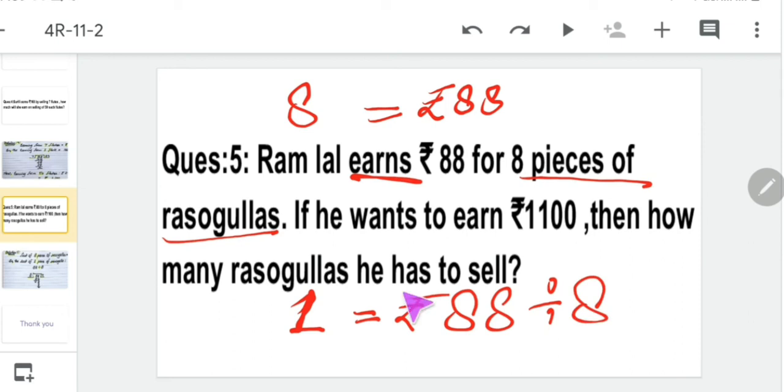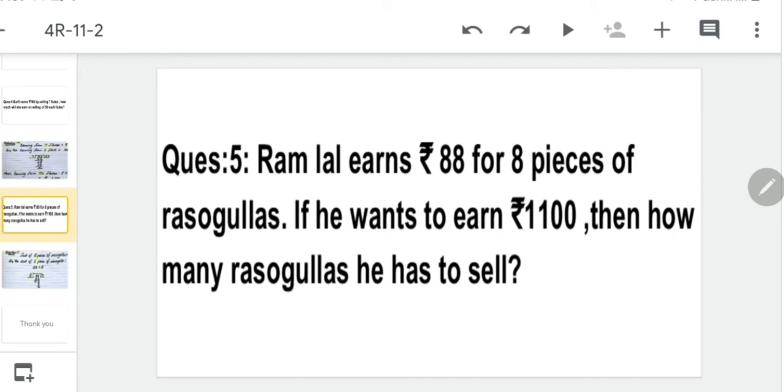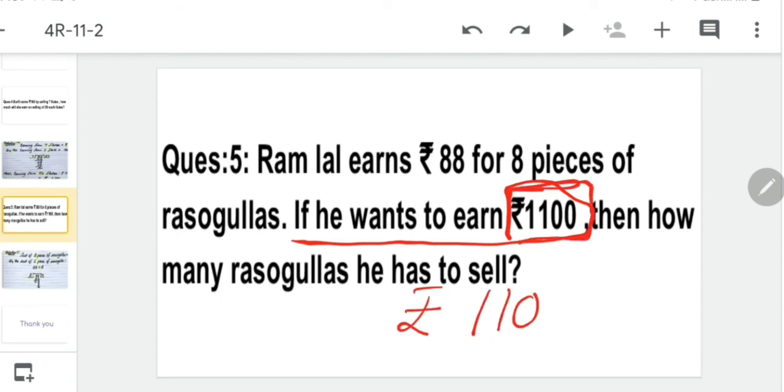Then after this, we have to find that, now this is quite different than the previous 4 questions. Now in this case, we have to answer if Ram Lal wants to earn rupees 1100, then how many pieces of rasgullas he has to sell.